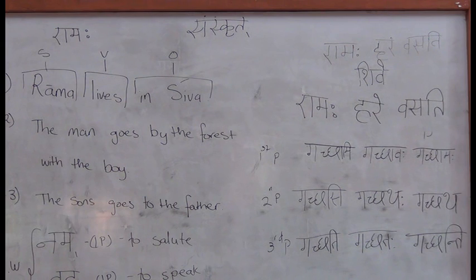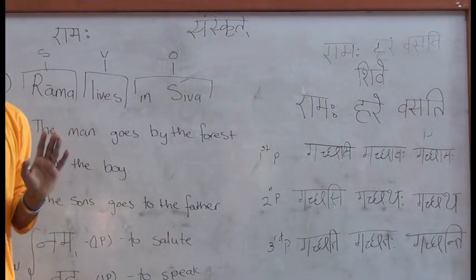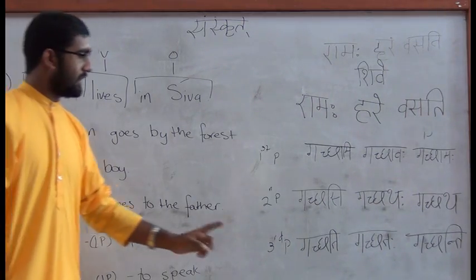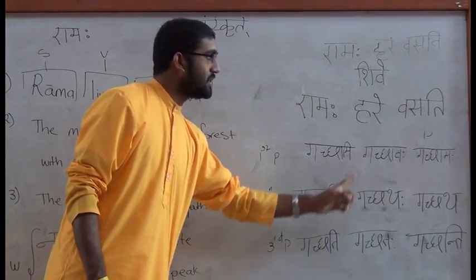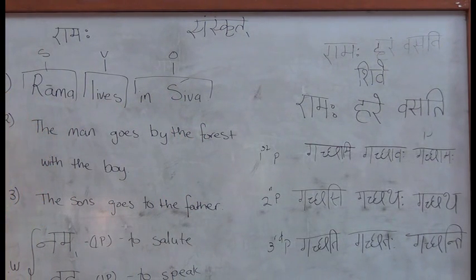He lives. Not I live or you live. He lives in Shiva. So, she used which person? Third person. Is this the third person singular? Because how many people are living? Rama. Right? So, he lives. Is this the third person ending, termination? So then it's correct.